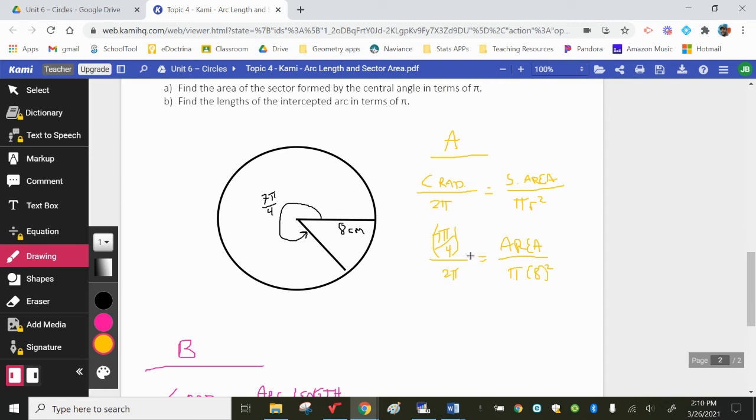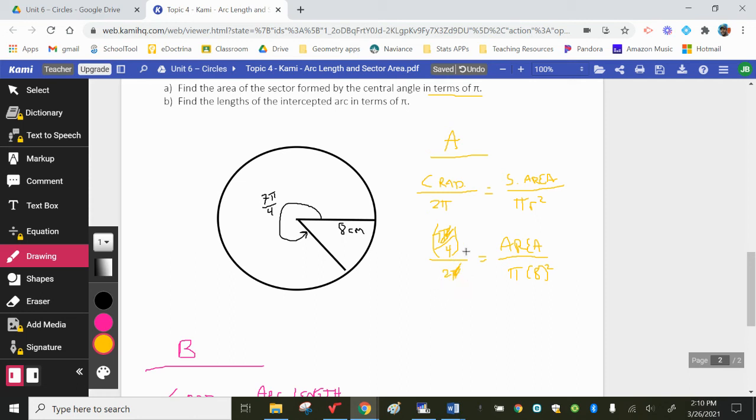Now, this one says we have to find this area in terms of pi. What that means is that my final answer should include a pi with it. Now, if you look at how this is going to work out with the cross multiplying, we have a pi right here with the 7 pi over 4, and we have a 2 pi down there, and then we've got a pi over here. So this pi will simplify with that pi.